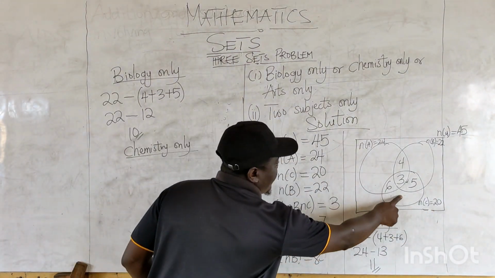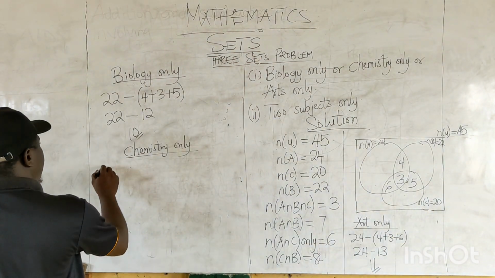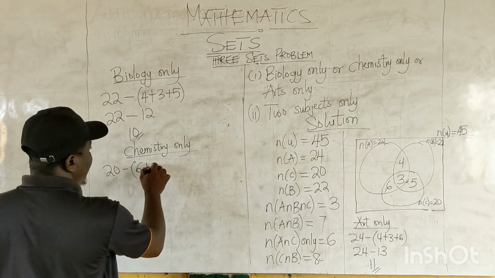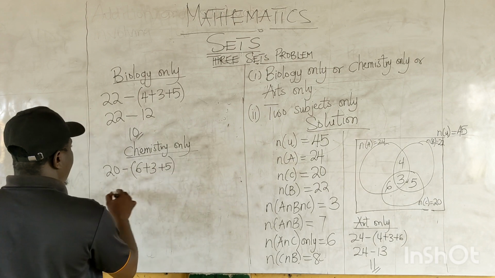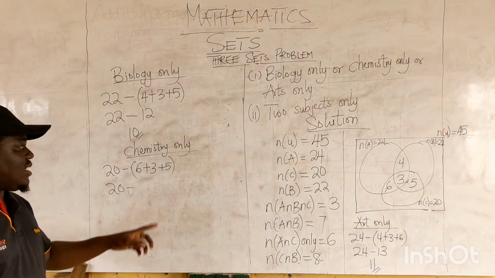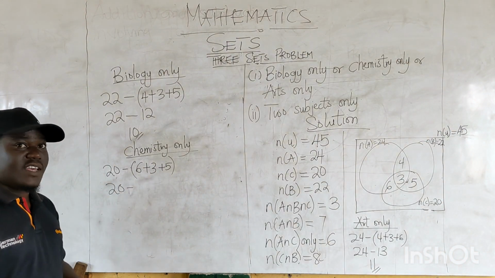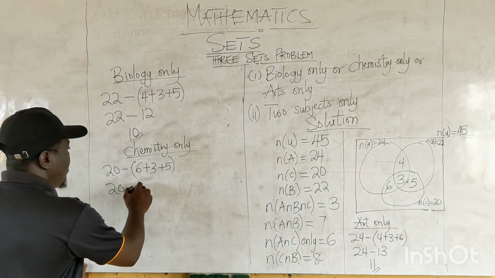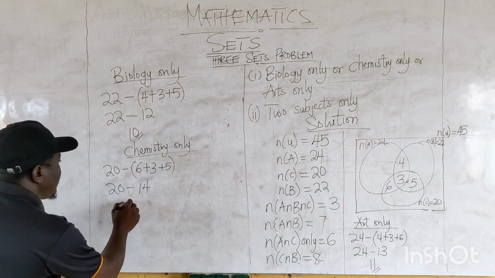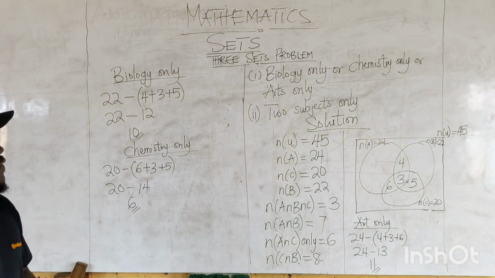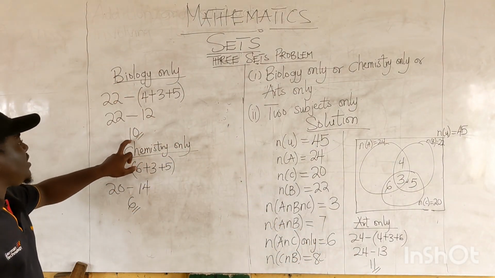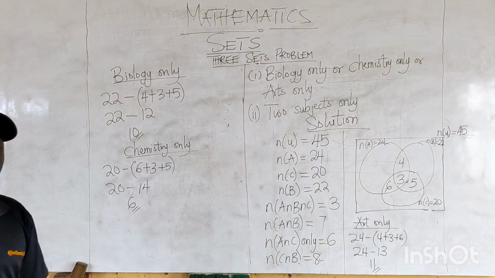And then we are supposed to find this region, so that's also going to be 20 minus, in bracket, 6 plus 3 plus 5. 6 plus 3 would give me 9, and then 9 plus 5 would give me 14. So 20 minus 14, that should give me 6. Therefore, my arts only is 11, my biology only is 10, and then my chemistry only is 6.